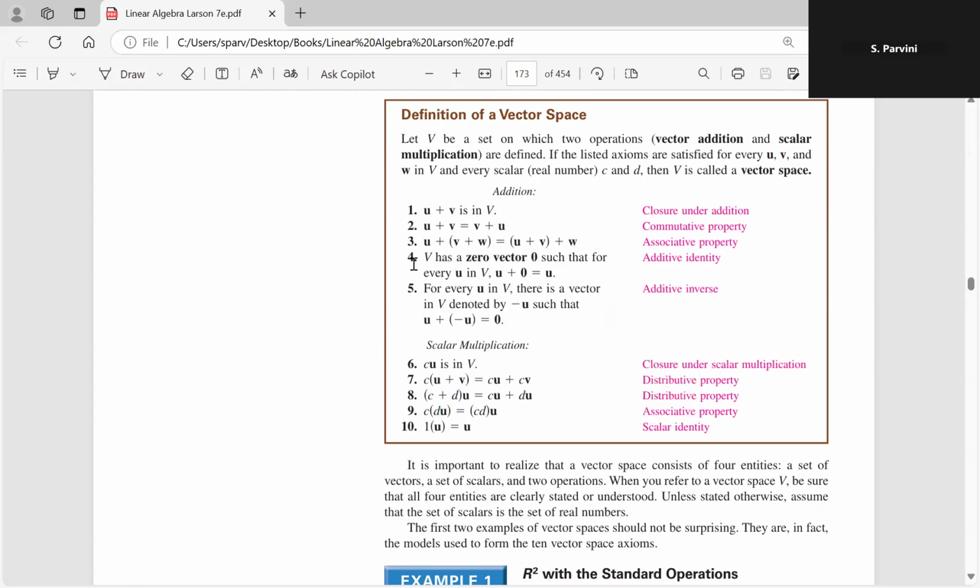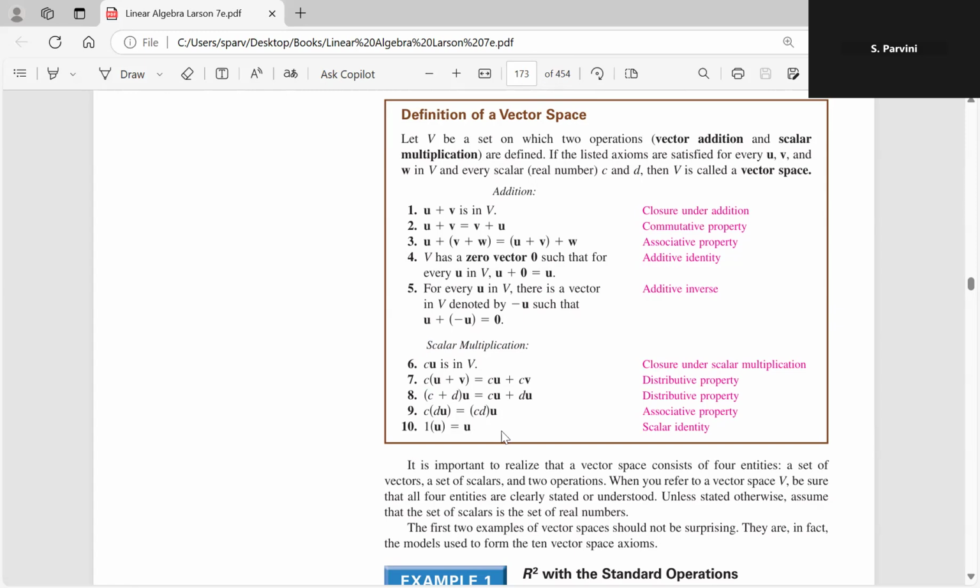So you have a set of vectors, a set of scalars, and then you have two operations, addition and scalar multiplication, and those together form the vector space. Now your scalars here, by the way, c and d, are real numbers, and you can include scalar 0 in your numbers because 0 is a real number.